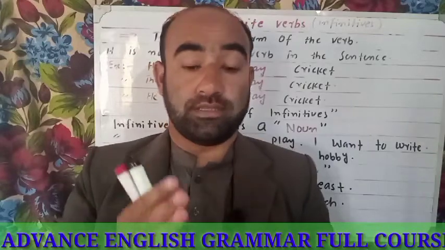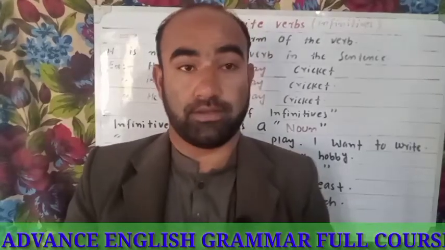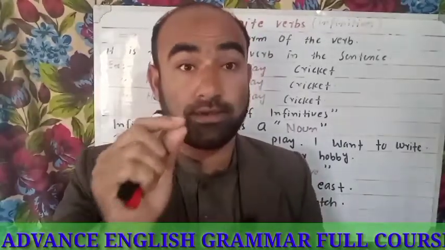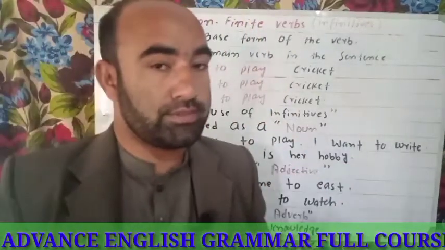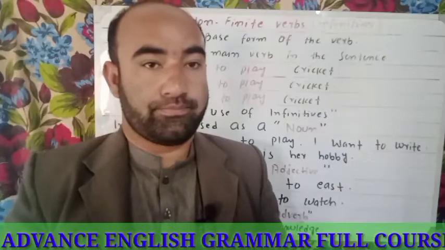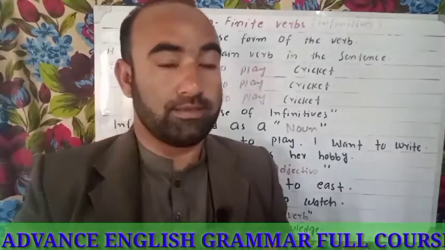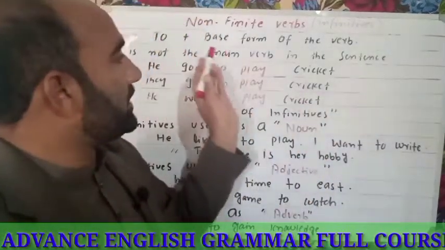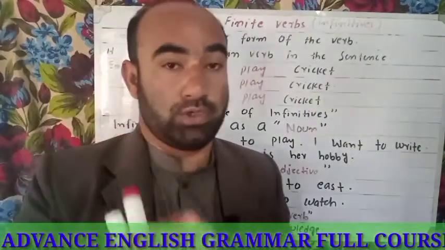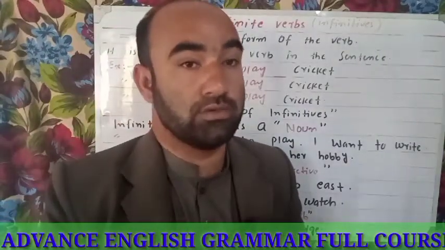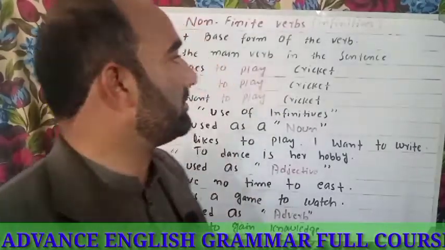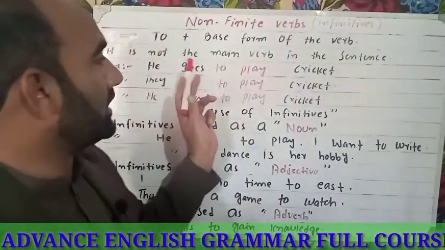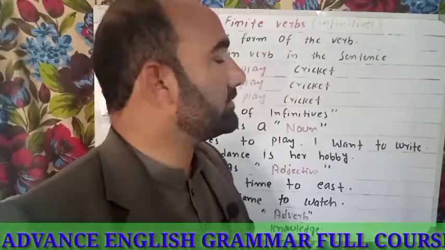Whenever we use the first form of the verb, that will be called the infinitive. And we frequently use to with the infinitive. To plus the base form of the verb is called the non-finite verb. It is not the main verb of the sentence.